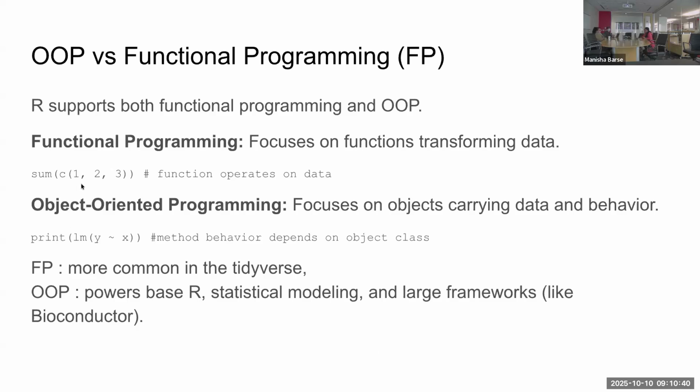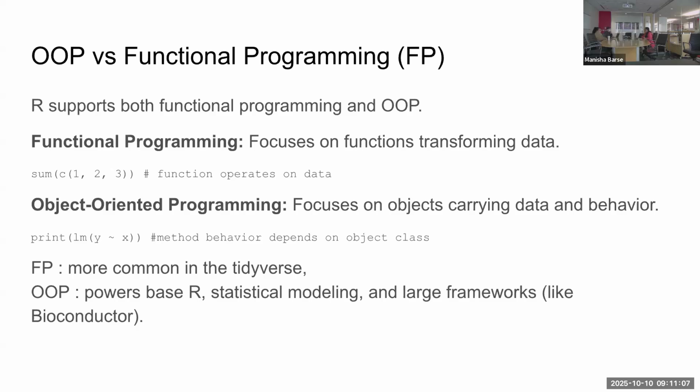For example, sum of the numbers 1, 2, 3, 4 is a function that operates on the data, so this is kind of functional programming, whereas print lm, the lm function, is a method whose behavior depends on the object class.